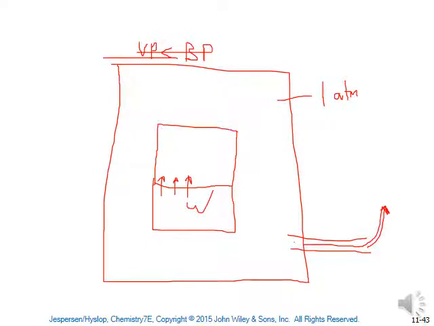But let's say you start reducing the pressure inside by a vacuum. Let's say you bring the pressure down to 0.1 atmosphere. At that point, the liquid is still giving off the same vapor pressure, but now the barometric pressure is less, or even equal.